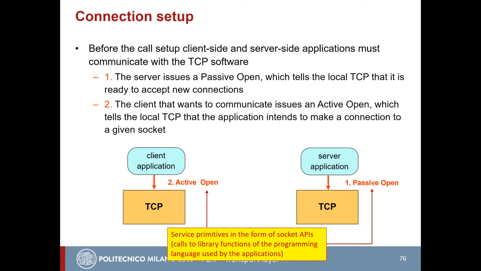Moreover, the TCP implementation chooses randomly a port number on the client side that will be the source port in the TCP segments. And of course, the client is aware of its own IP address.